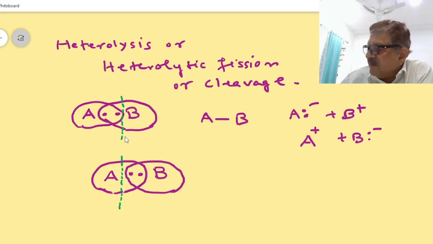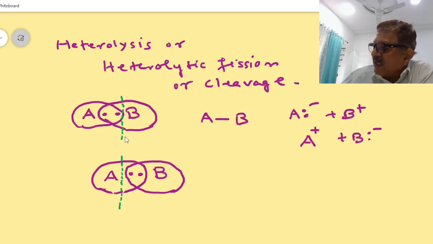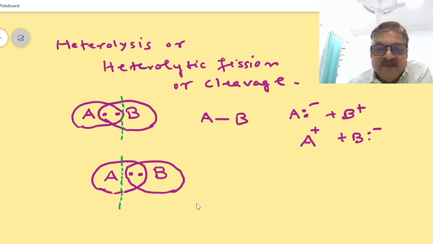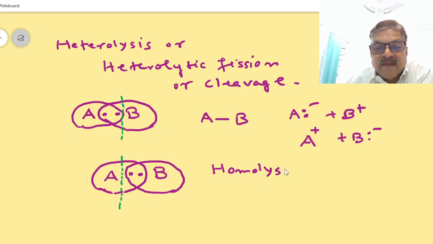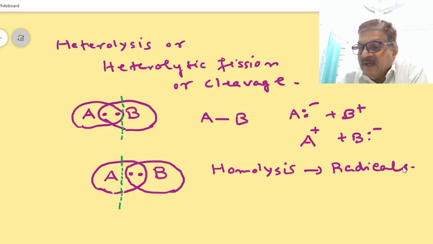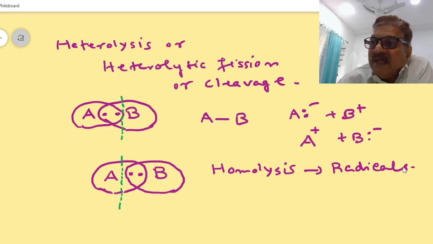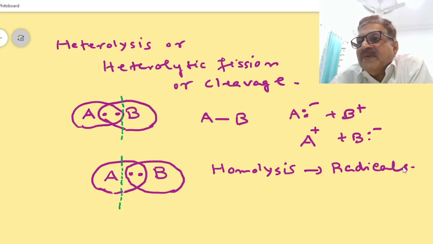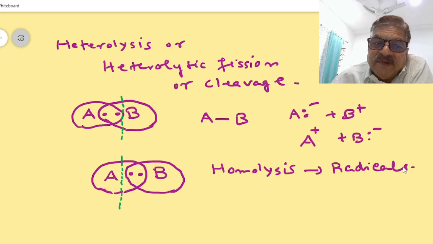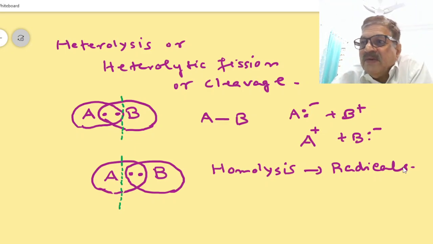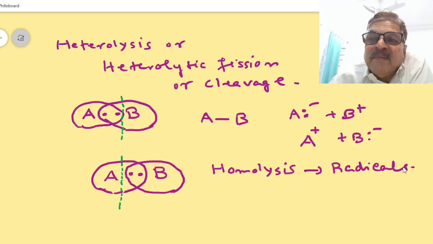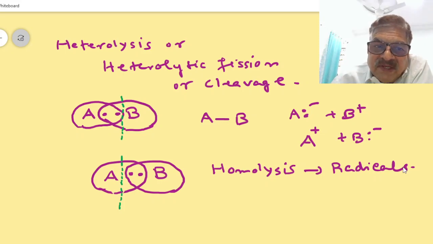Now, what kind of reactive intermediate will homolysis generate? It will be giving free radicals. Homolysis gives radicals or free radicals. So homolysis generates uncharged reactive intermediates. There is no charge. There is only one electron on that. The products are different in each case.